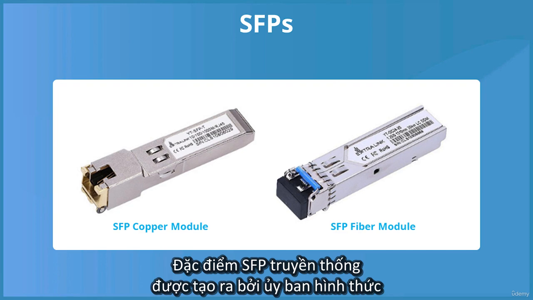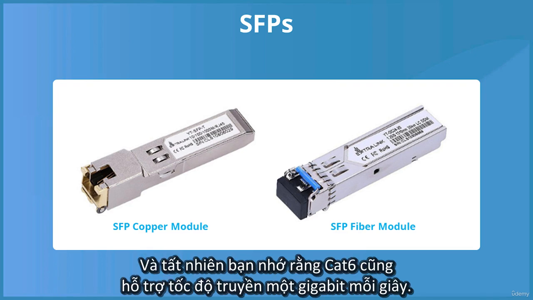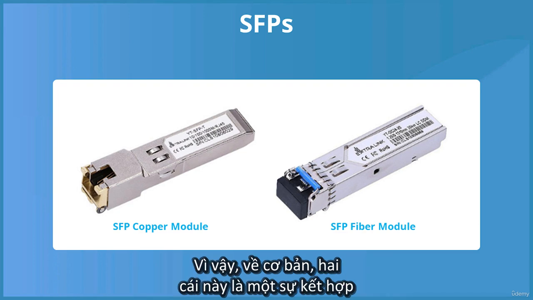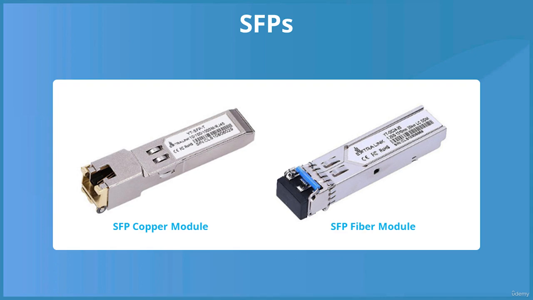The traditional SFP specification created by the Small Form Factor Committee only allows for data transfer rates of up to 1 gigabit per second. And of course, you remember that Cat6 supports a 1 gigabit per second transfer rate as well. So basically, these two are a match made in data communications heaven.